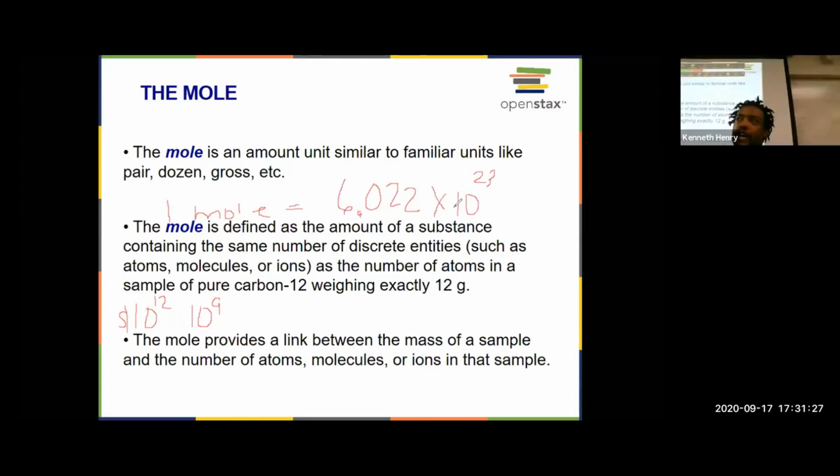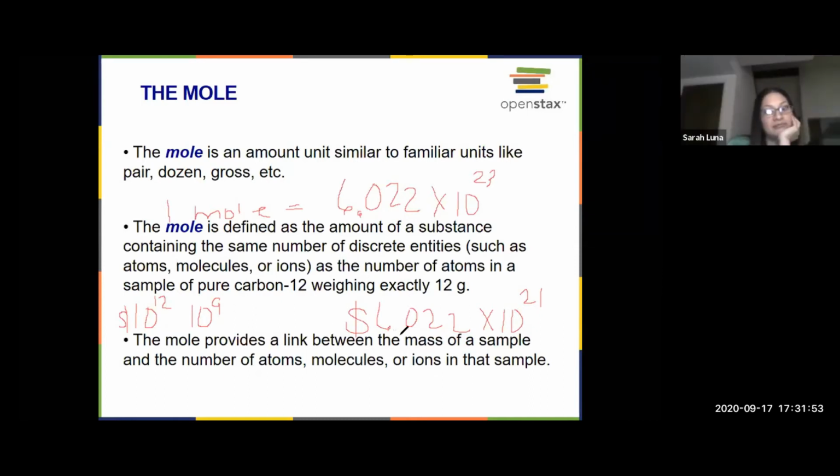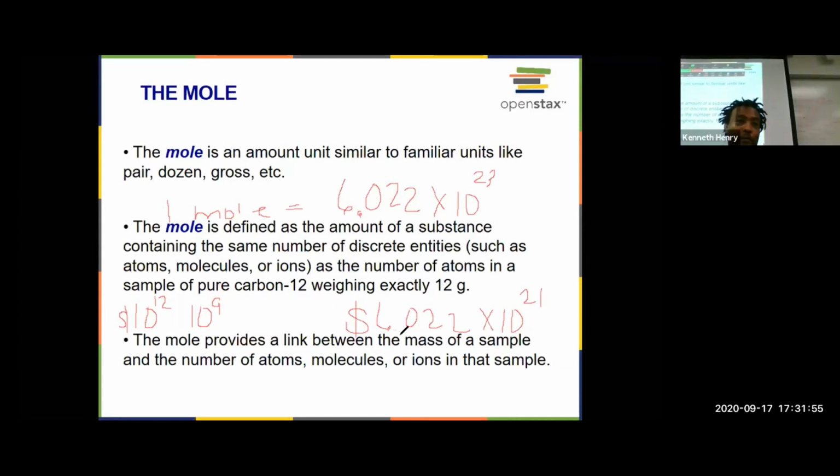So if we just divide this number by 100, we'll get 6.022 times 10 to the 21st dollars. Which one is bigger? 10 to the 12th or 6.022 times 10 to the 21st? 1 mole. Yes, 1 mole of pennies would be significantly bigger, right?